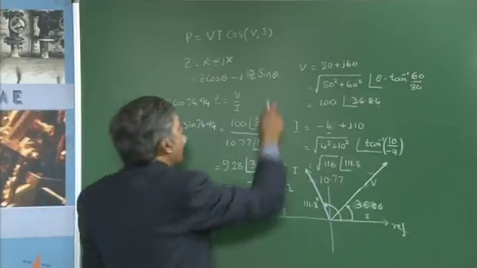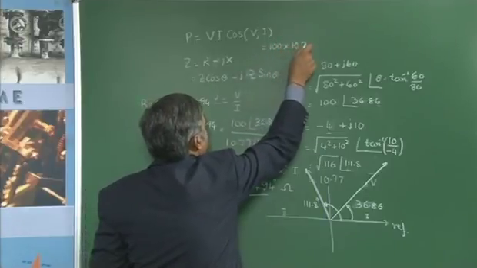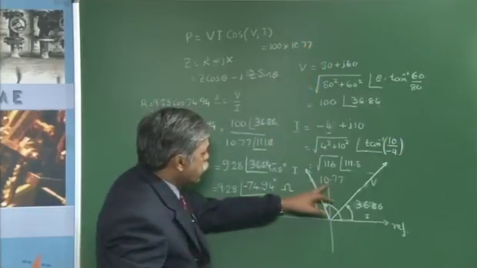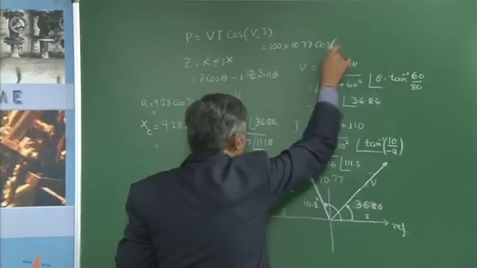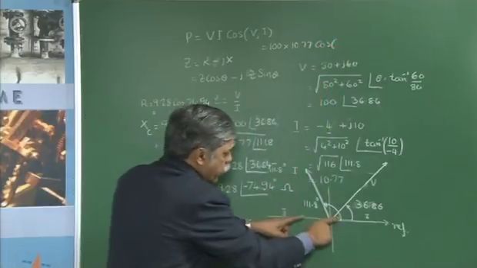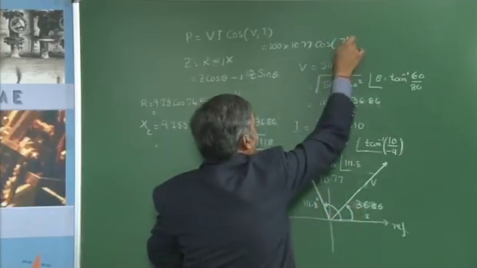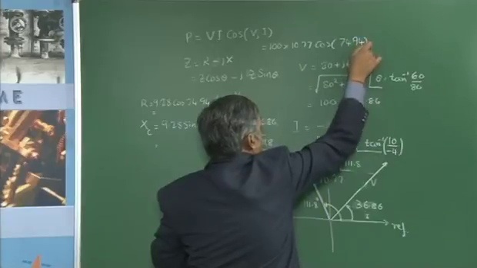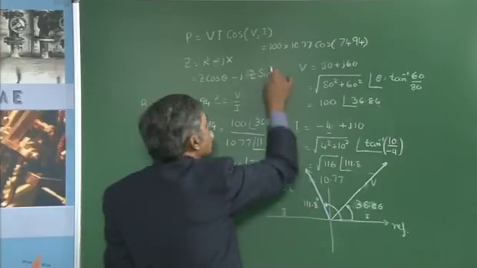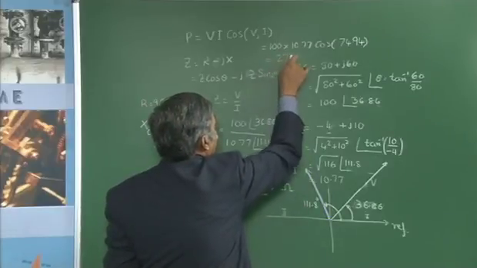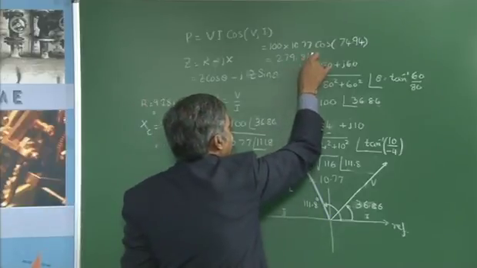So in this I have the voltage to be 100 volts, current to be 10.77, and the power factor, that is cos of the angle between voltage and current, means I should take the current angle minus the voltage angle, which comes to be 74.94, like this. So the product of this will give you the power as 279.837 watts. The answer is given on the screen.